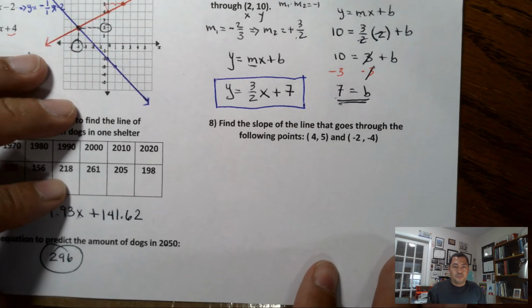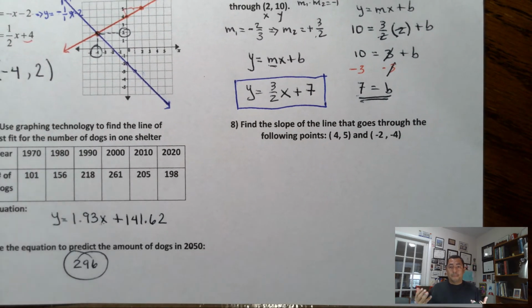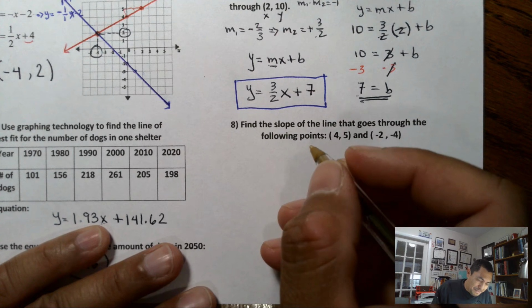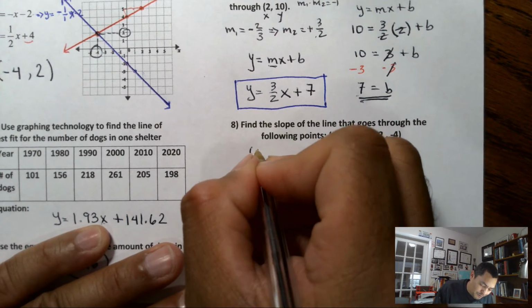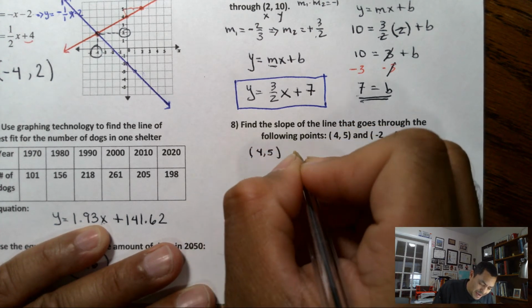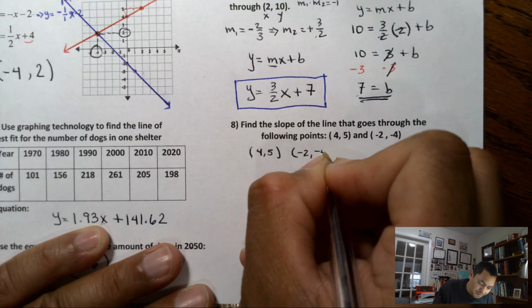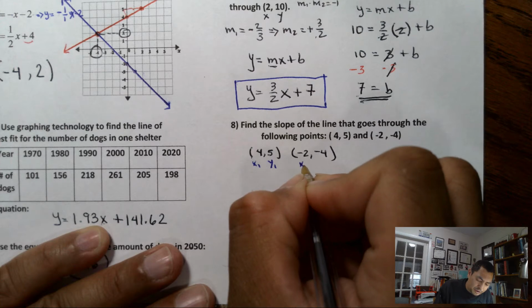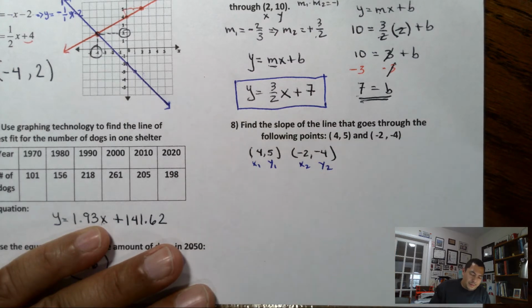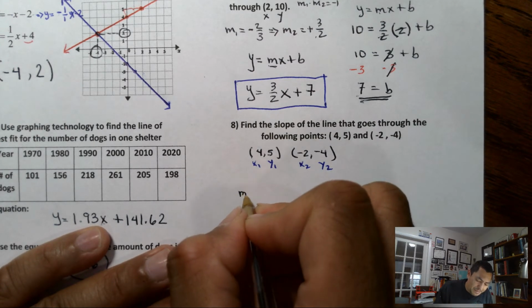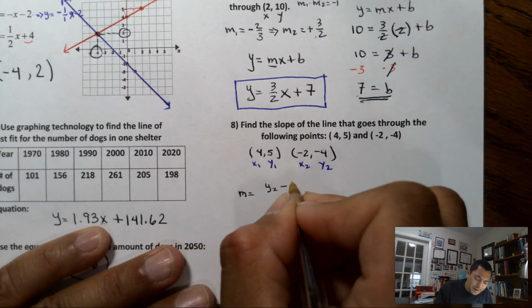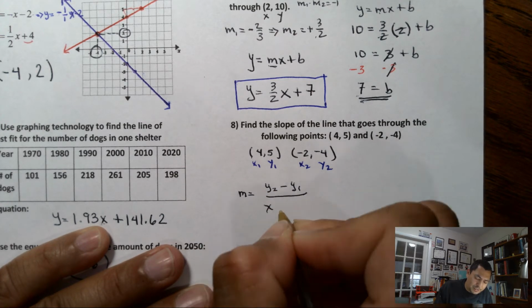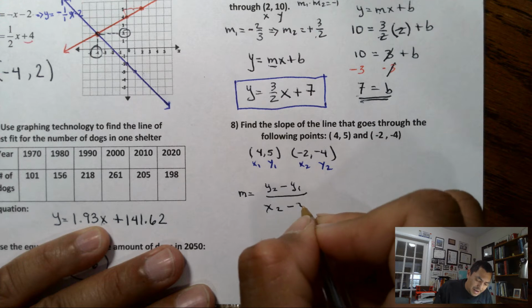So we move to problem number 8. We solved a couple of these ones. Remember that I'm going to write this one: (4, 5) and (-2, -4). I have x1, y1, x2, y2. The formula of the slope is m equals y2 minus y1 over x2 minus x1.